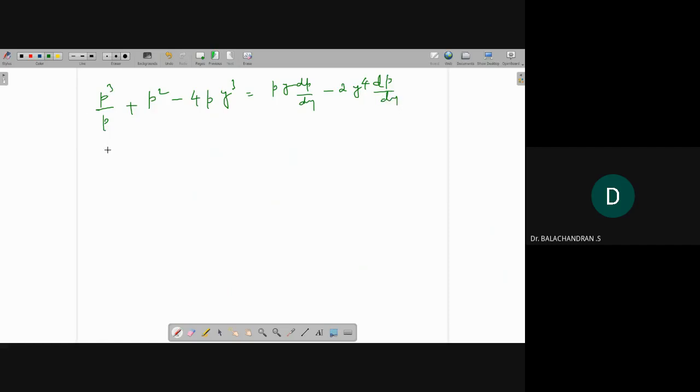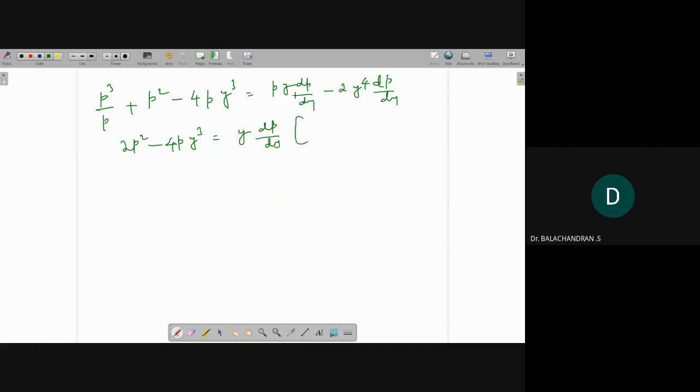P square plus p square is 2p square, minus 4py cube, which is equal to, here I am taking y common into dp by dy.